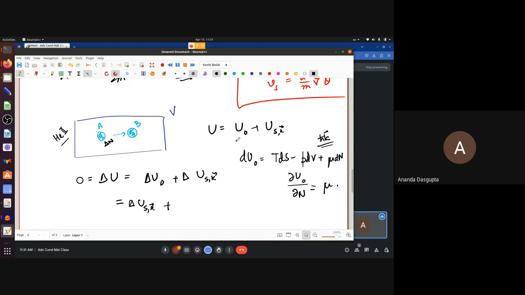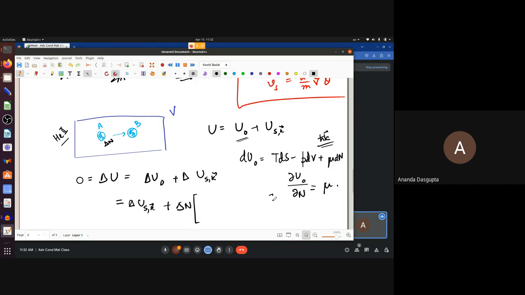So when you say U0, you're talking about the internal energy of the entire helium-2 liquid. From that, one part, the delta N superfluid atoms, has moved from here to here. In the process, they have lost some kinetic energy perhaps, or gained some kinetic energy when they have moved from here to here. But what is that change related to? That's related to this delta U0, which is nothing but delta N.